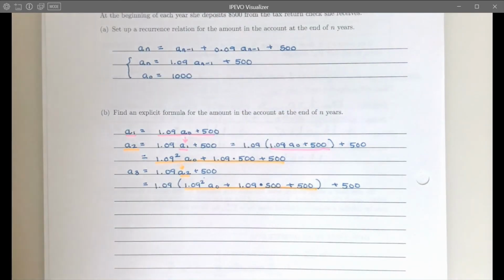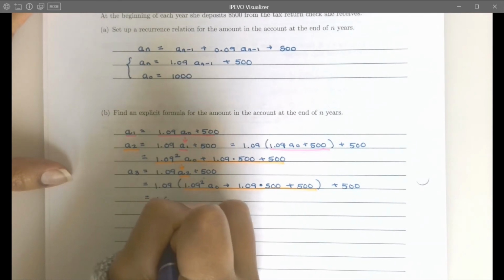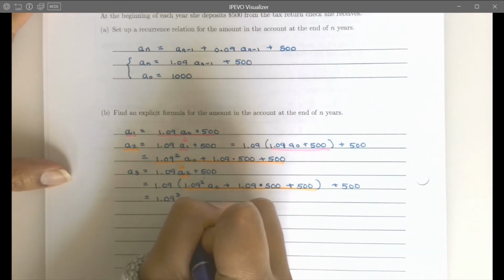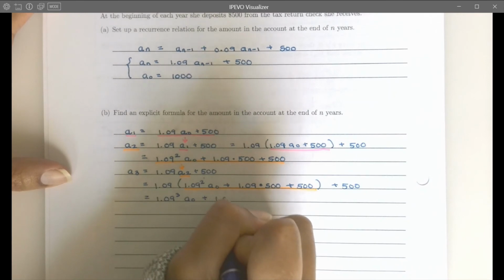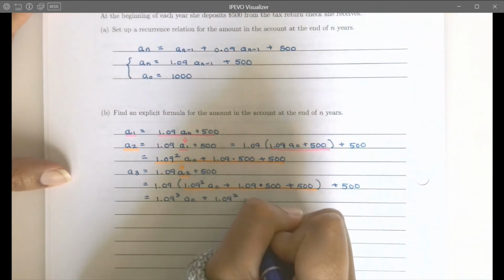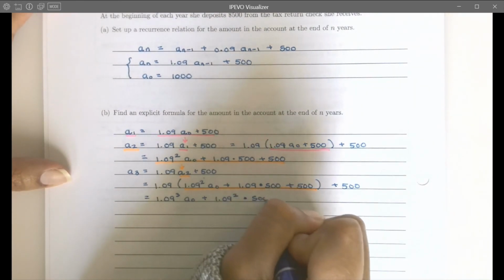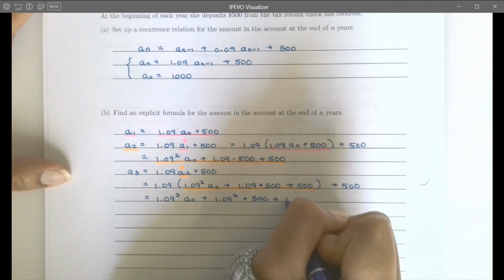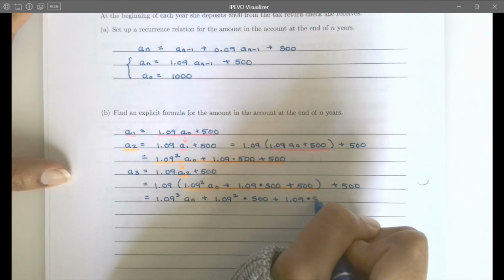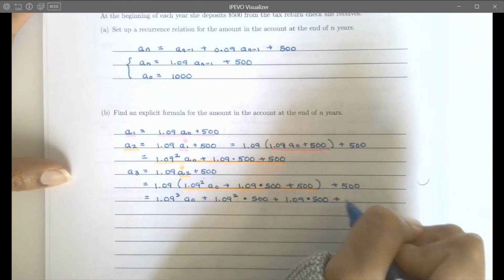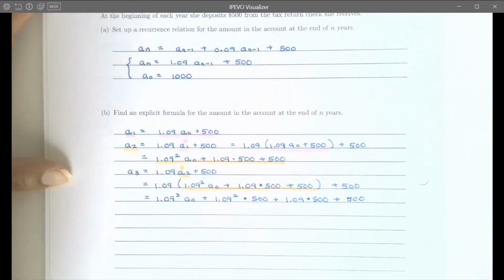Okay, so then we distribute again. We get 1.09 cubed A0 plus 1.09 squared times 500 plus 1.09 times 500 plus 500.